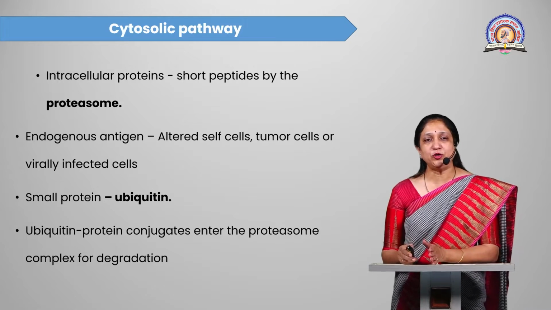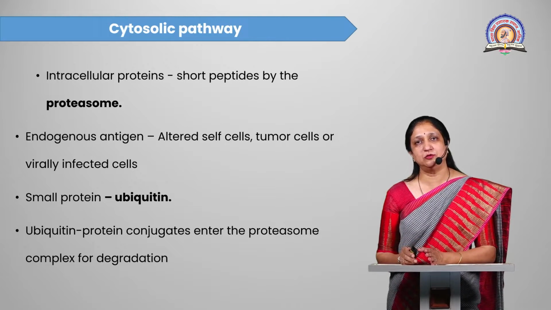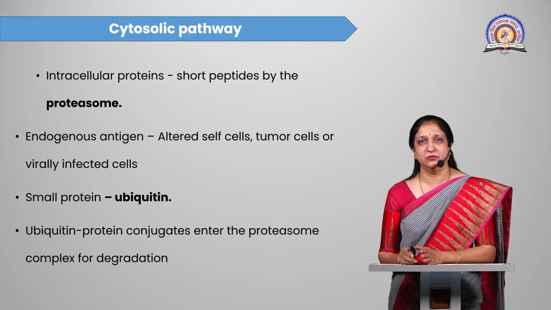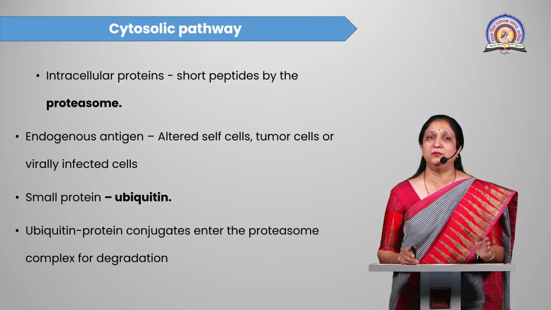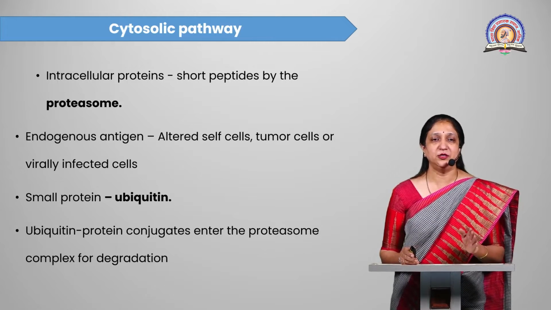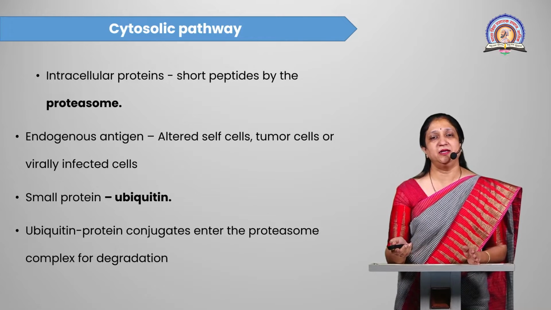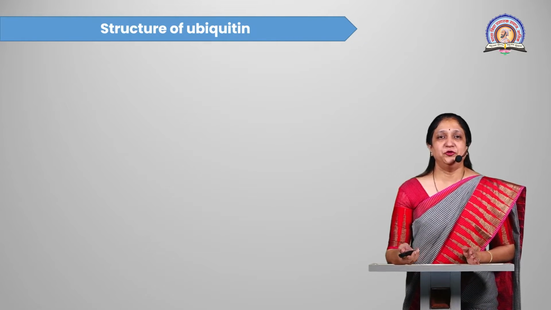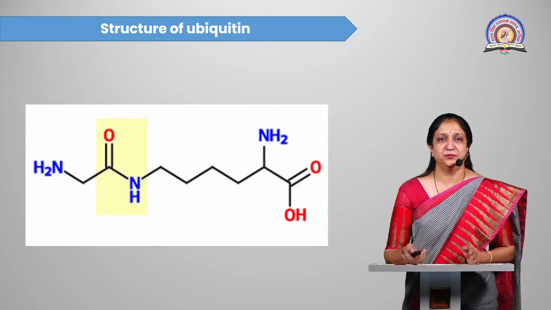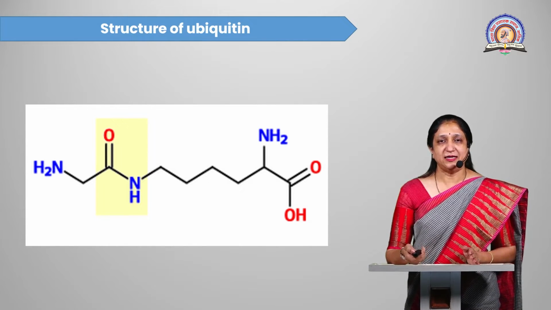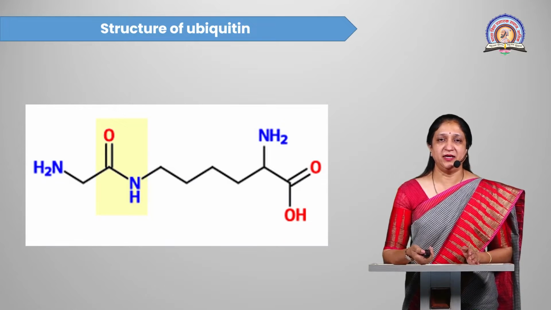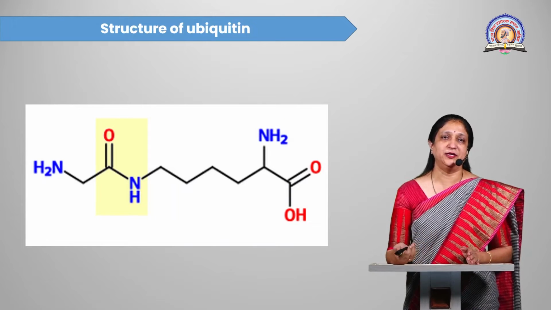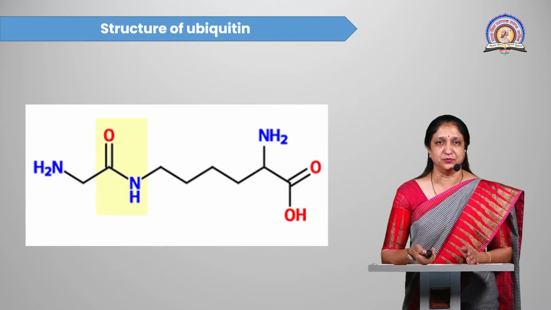So, a normal protein cannot enter into the proteasome and cannot be degraded. Only when the protein is targeted by ubiquitin, it can enter into the proteasome and be degraded. This is the structure of the protein ubiquitin, which attaches to the peptide and targets the peptide to enter inside the proteasome.